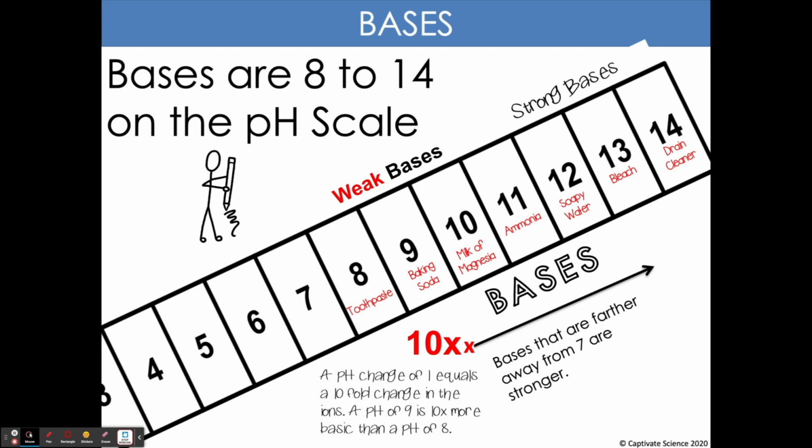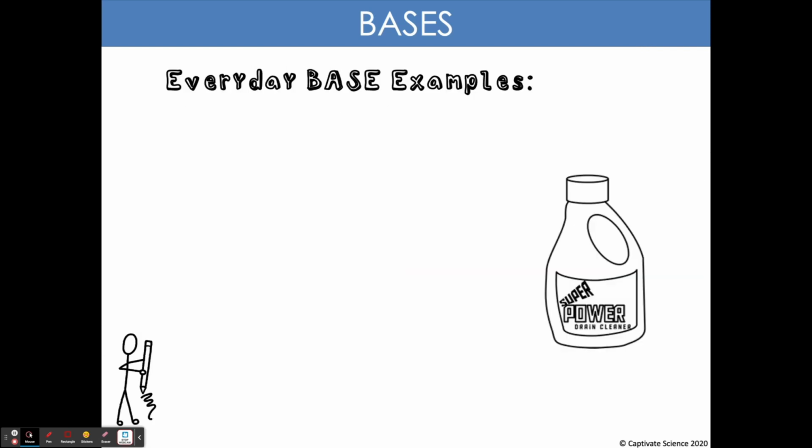An 8 is toothpaste, a 9 is baking soda, 10 milk of magnesia, that's something you take if you have a stomach ache, 11 ammonia, that's what we use as a cleaner, it's in Windex, 12 soapy water, 13 bleach, and 14 drain cleaner. So very, very strong base. The further away from 7 you get on that scale, the stronger of a base it is.